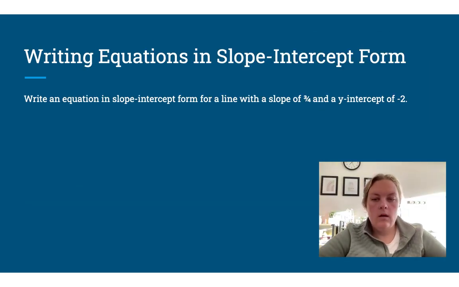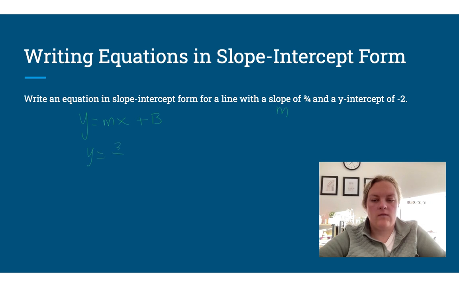Okay, so here we are going to practice writing an equation in slope-intercept form for a line where we've been given the slope and where we are given the y-intercept. We're going to take y equals mx plus b, and we are going to put our slope, which is m, and substitute it in.